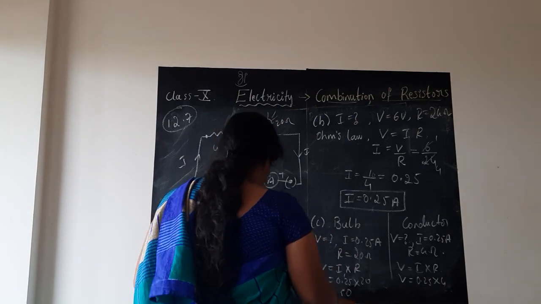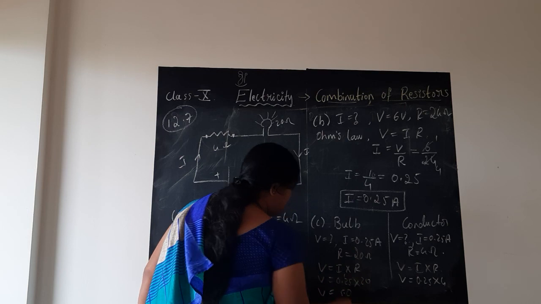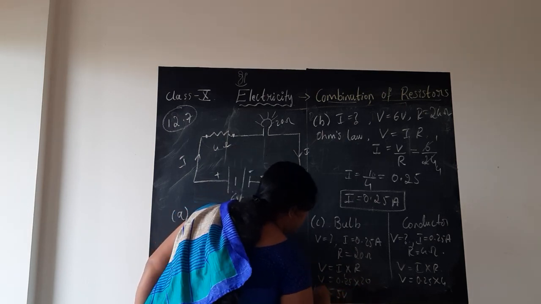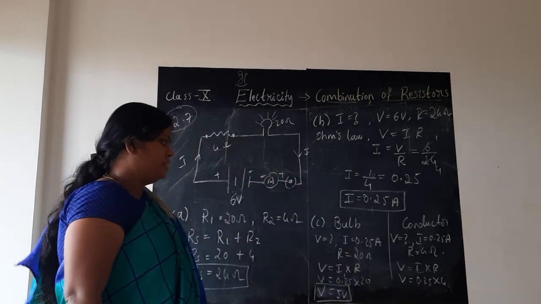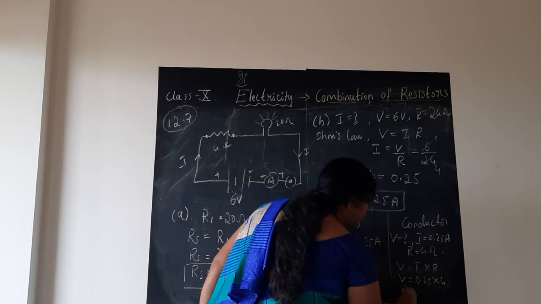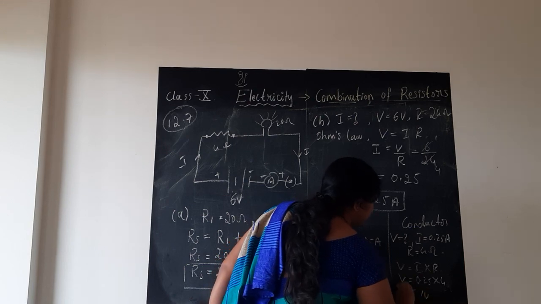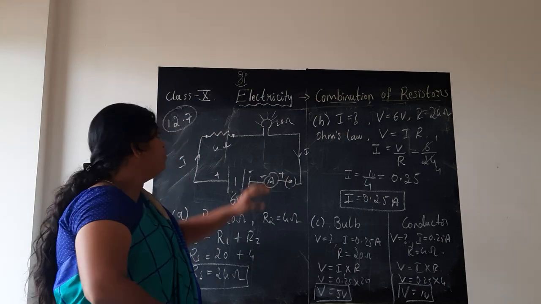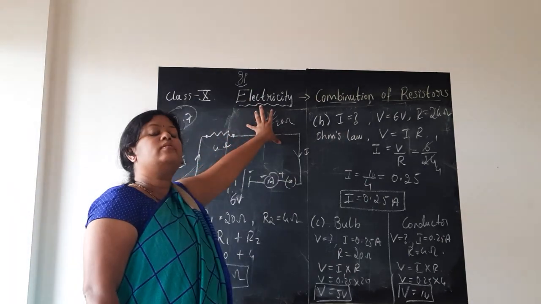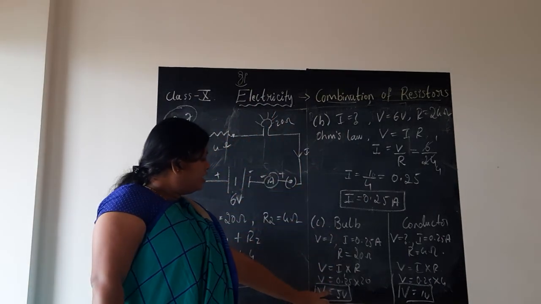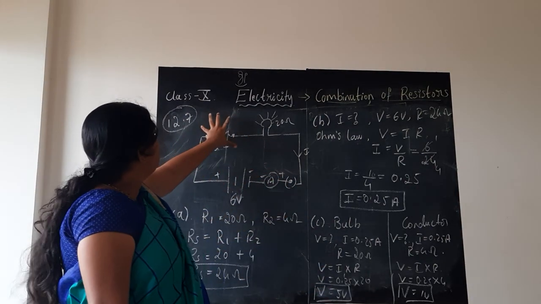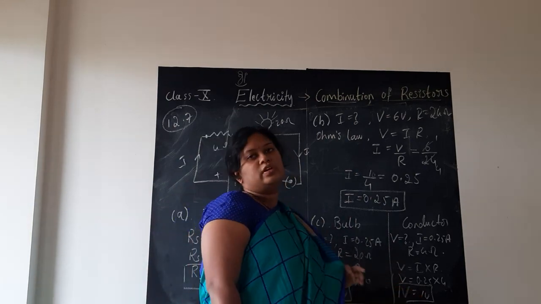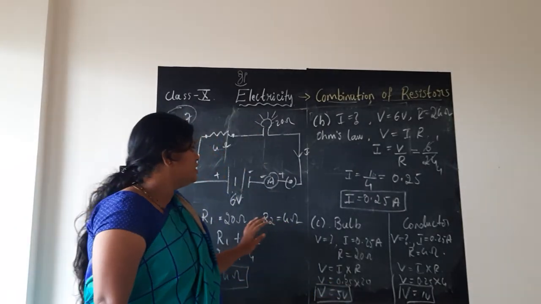You will get 5.0, which means you can simply write V is 5 volts in this case. 0.25 into 4, blindly you can write it is 1 volt. So when the voltmeter was connected across the bulb and the voltage measured, we got 5 volts. Similarly, when the voltmeter was connected across the conductor and the potential difference measured, we got 1 volt. This is how we find it out.